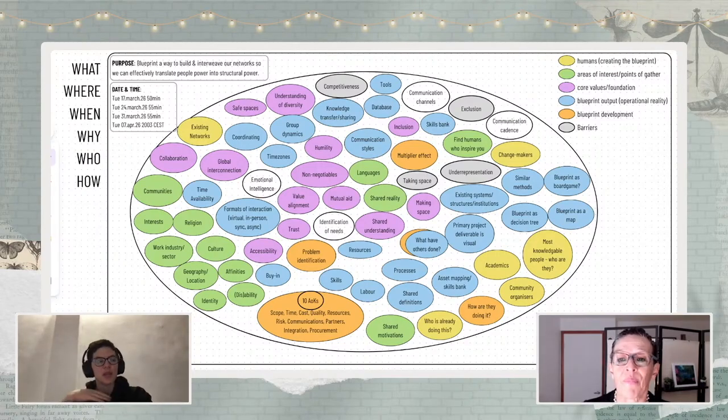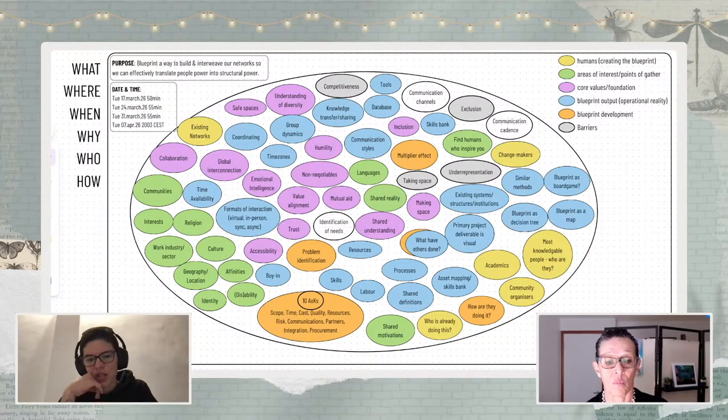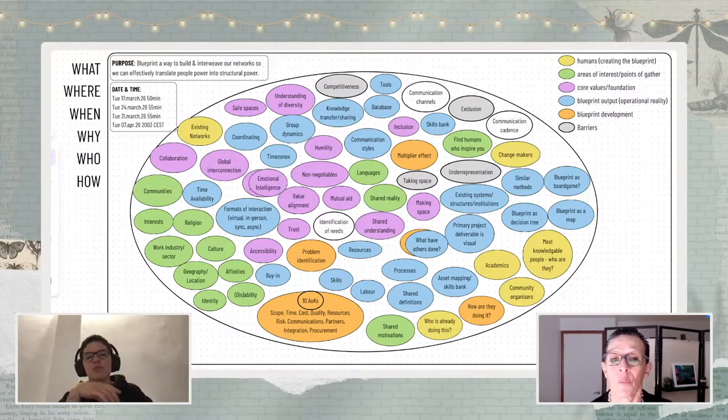Yeah, I think it could be purple, but I was also considering gray. In part, a lack of emotional intelligence can contribute to certain ruptures in communities or the inability of certain communities to collaborate. So I'm of two minds on that.